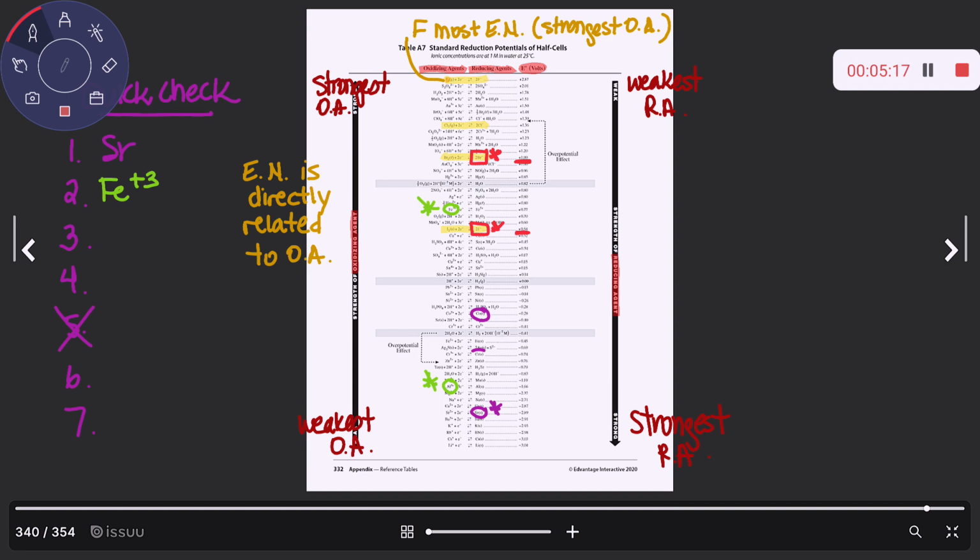So the strength of the reducing agent, they're the opposite of the reduction potentials. So that means you're actually going to pick which one? I. Yeah, you would pick I negative 1 for this.